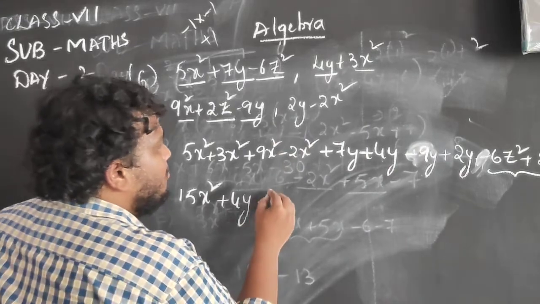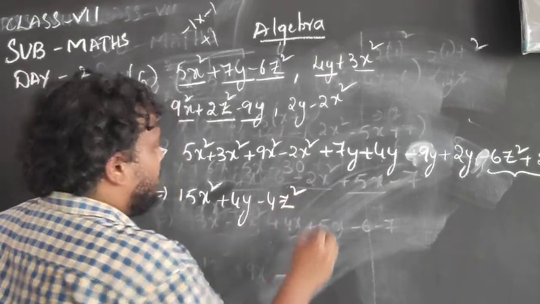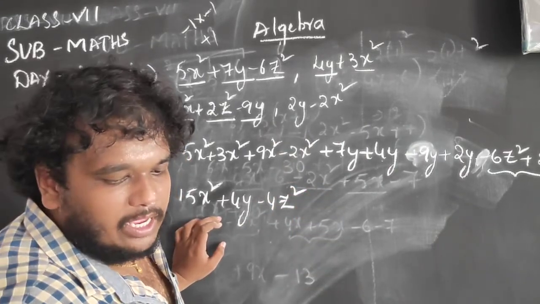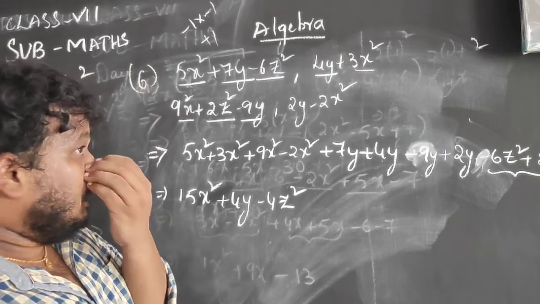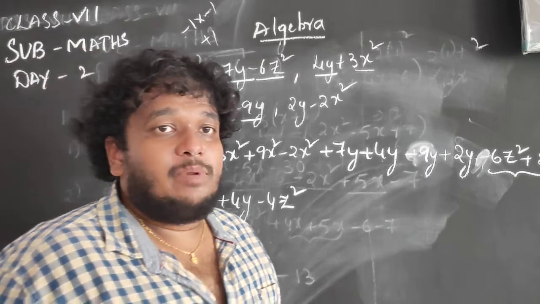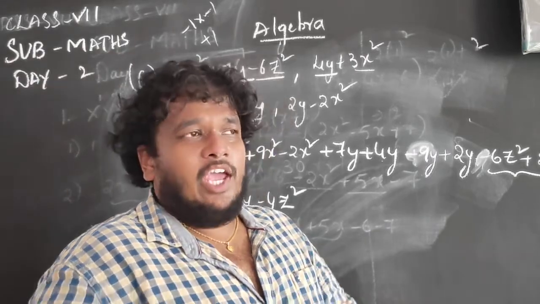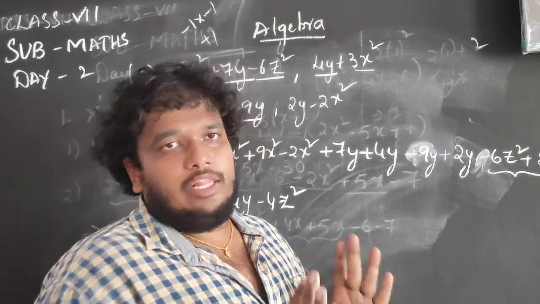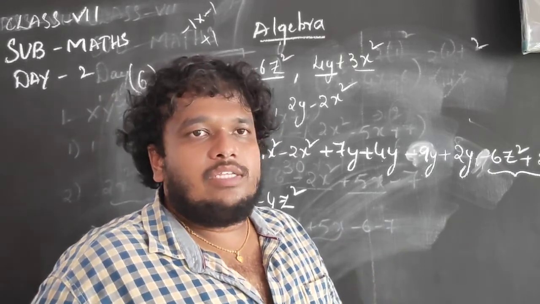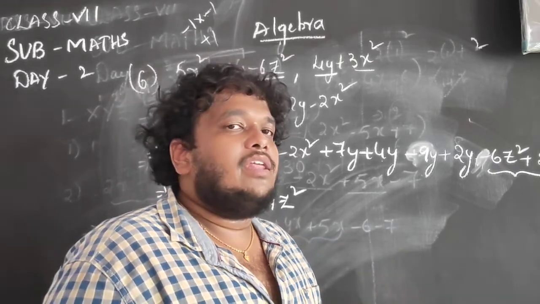What is the answer? Minus 4z square. If you see in your options, 15x square plus 4y minus 4z square is the correct answer. Whenever you are going to solve expressions, you have to bring all the like terms together and solve them. The only logic is that you have to bring all the like terms together and solve it.